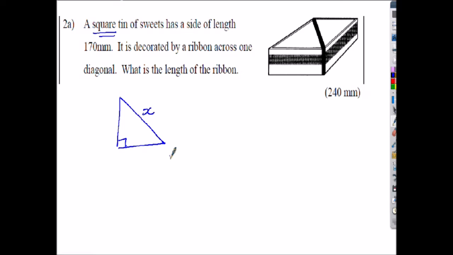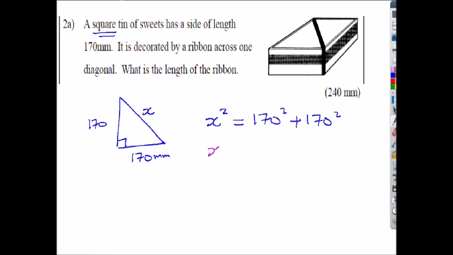And as a square tin has size of 170 millimeters, then each of these sides here are 170 millimeters. So applying Pythagoras Theorem here, the square of the hypotenuse, that's x squared, is equal to the sum of the squares of the other two sides. So that's 170 squared plus 170 squared in this case.